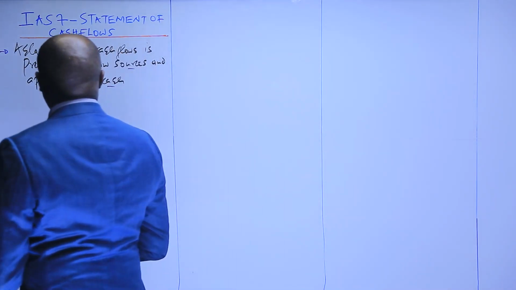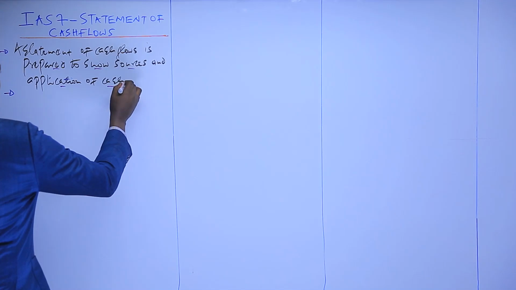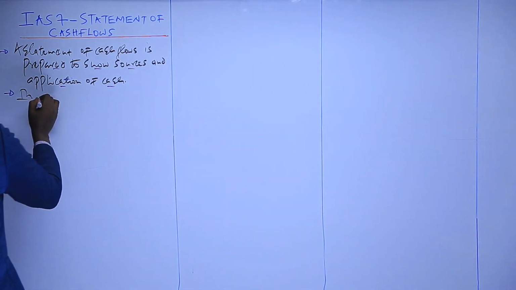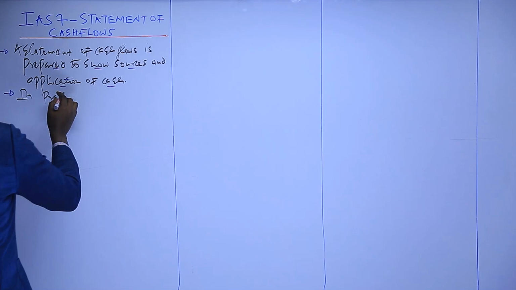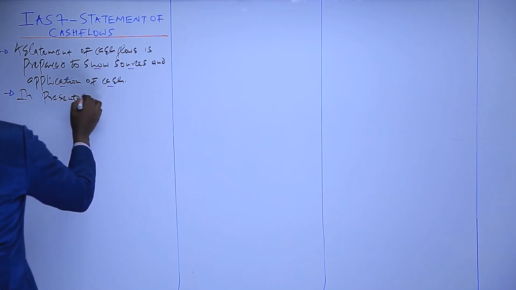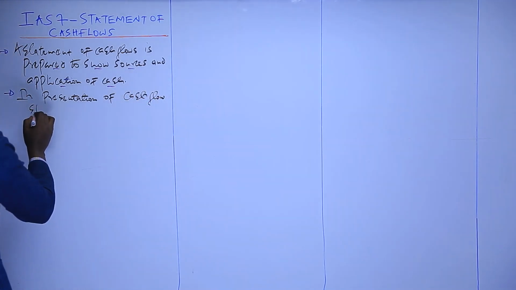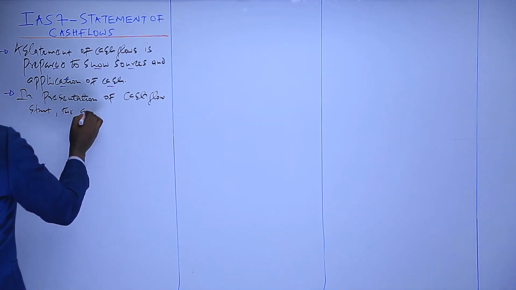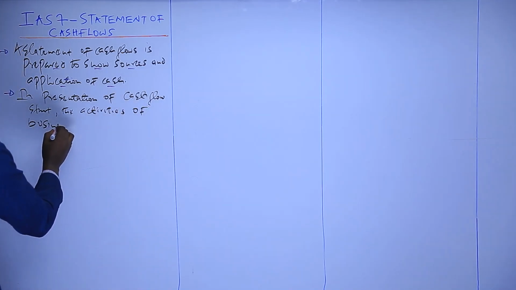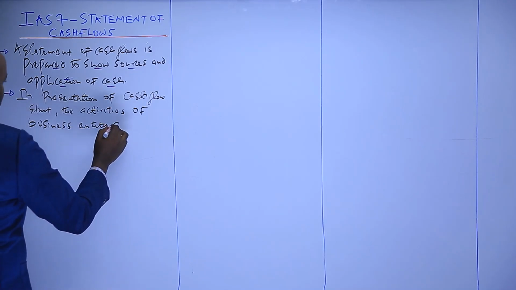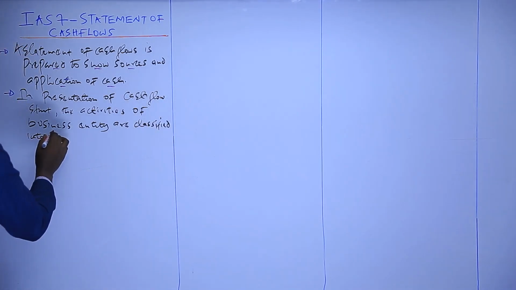So therefore here we can say that in preparing the statement of cash flows, or in presentation of a cash flow statement, the activities of a business entity are classified into 3 categories.